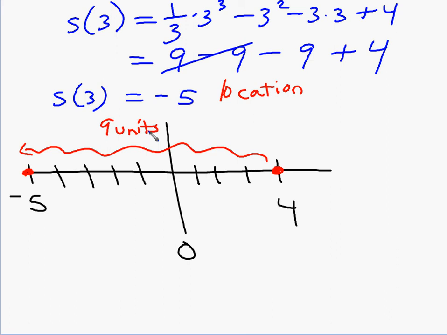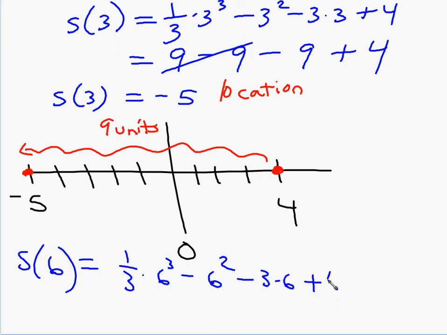So now the only other thing we need to find is S of 6, the other end point we're talking about, because we were told to look at it from 0 to 6. So S of 6 is 1/3 times 6 cubed minus 6 squared minus 3 times 6 plus 4. So 6 cubed is 216, right?